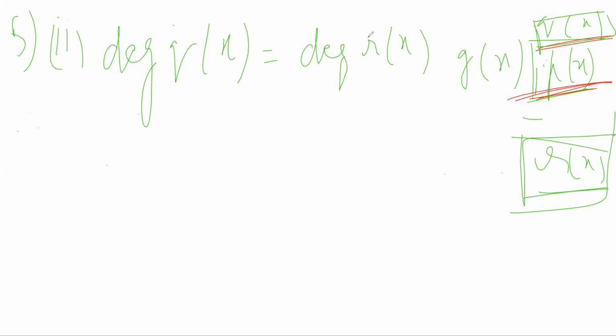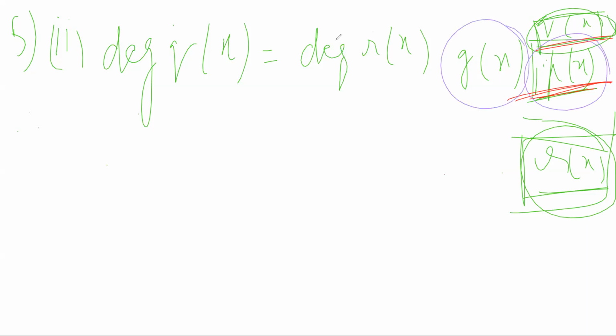This is possible only when, you refer to the notes, the degree of q of x and the degree of r of x are lesser than the degree of p of x and the degree of g of x.